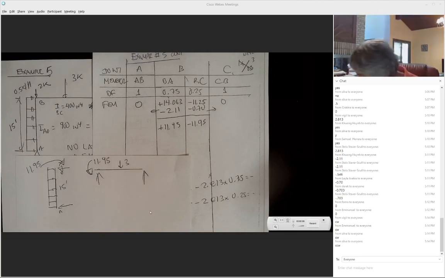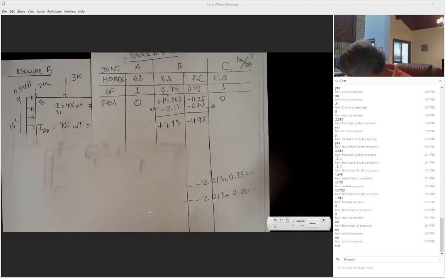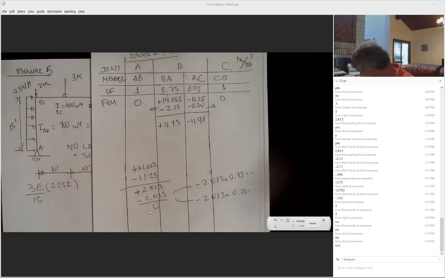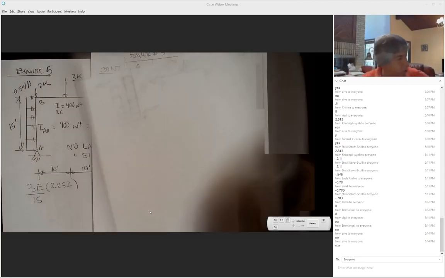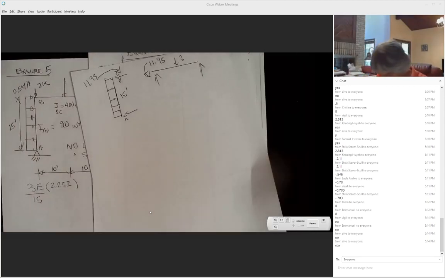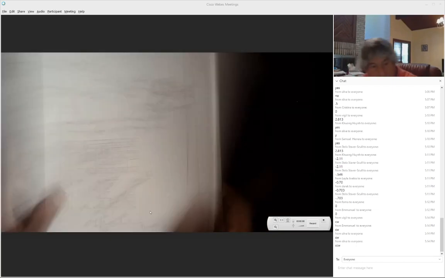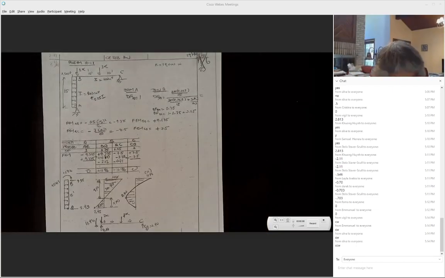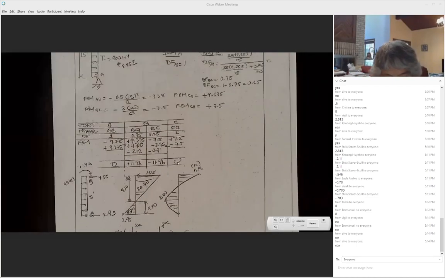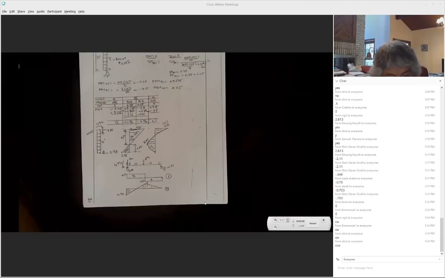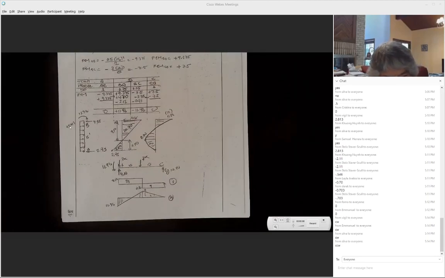So you have solved, and I'm giving to you already the shear and the moment diagram.